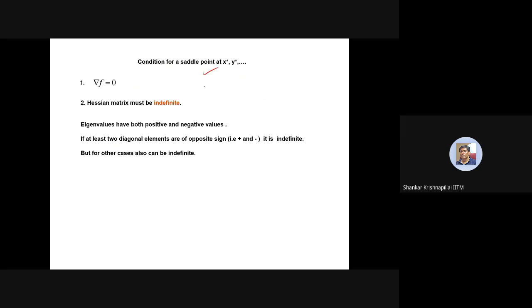Then the condition for saddle point. The saddle point is a tabletop region. It will look like this: the curve will come like this, and it will be flat for some distance and then it will rise again. This is called a tabletop region.